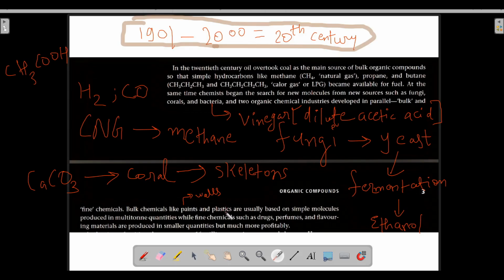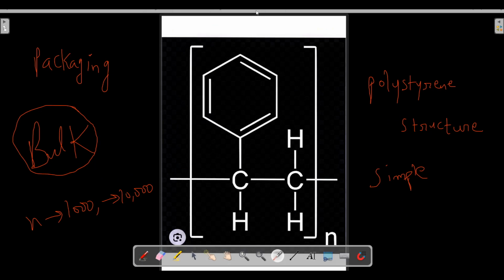By making airtight containers, you can preserve food in plastic containers. So they are usually based on simple molecules. This molecule doesn't have a complex structure.